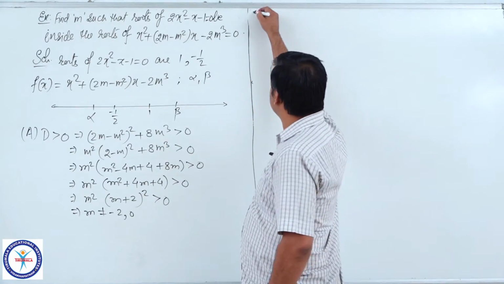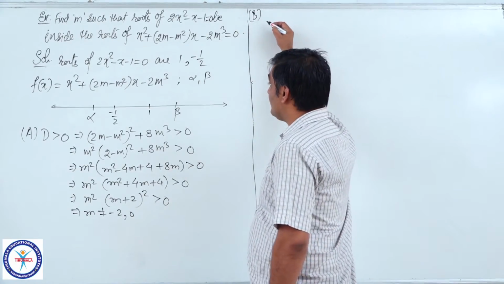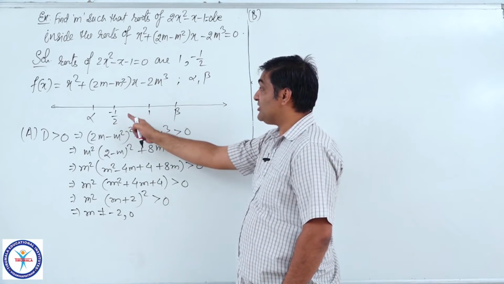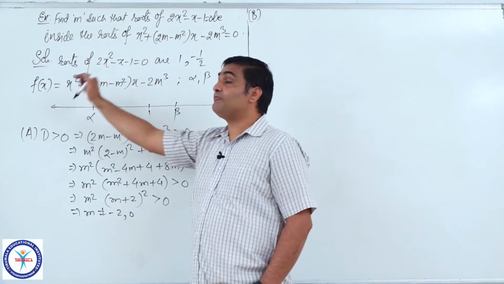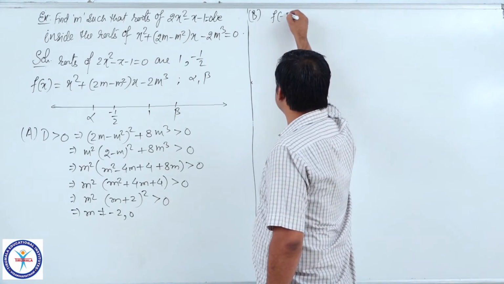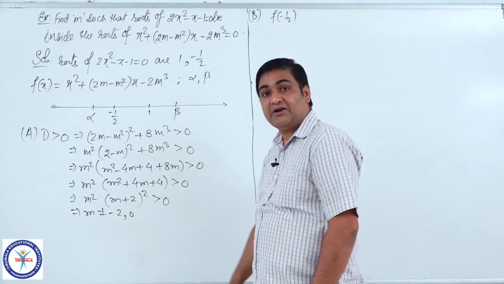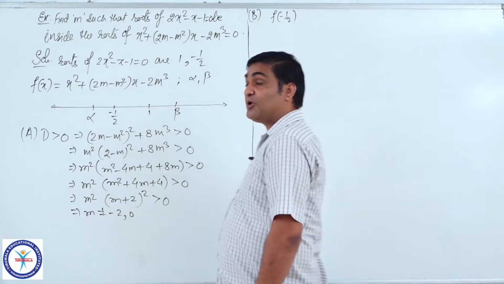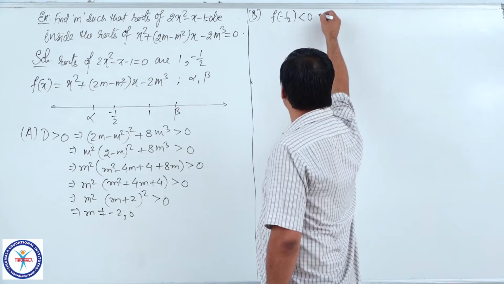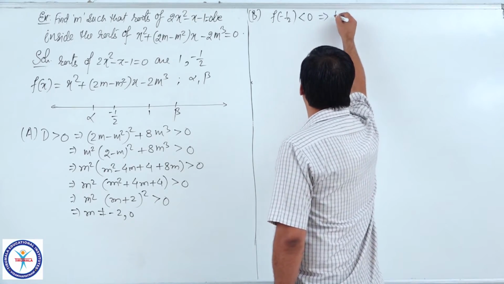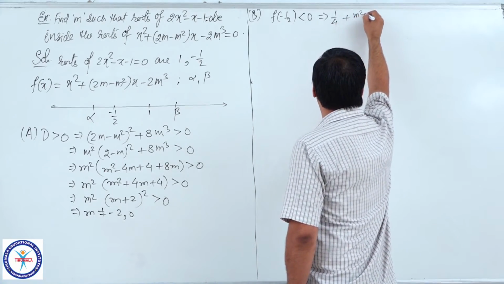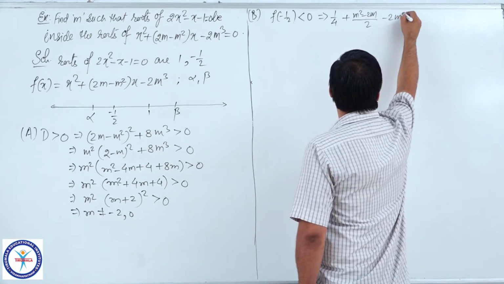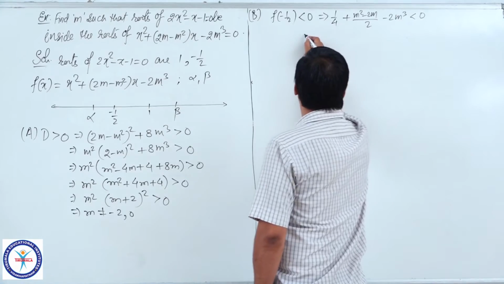So from discriminant condition, we have every value of m except minus 2 and 0. Now, next condition is minus 1 by 2 is inside the roots, in between the roots. So, what is f of minus 1 by 2? Coefficient of x square is positive, so opposite to a: 1 by 4 plus m square minus 2m by 2 minus 2m cube less than 0.